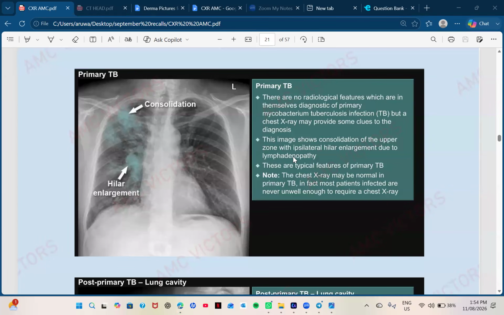Once you're suspecting active TB, what are the symptoms first? Cough, right? Persistent cough, fever, night sweat, weight loss, anorexia, hemoptysis, chest pain, those things can be present.